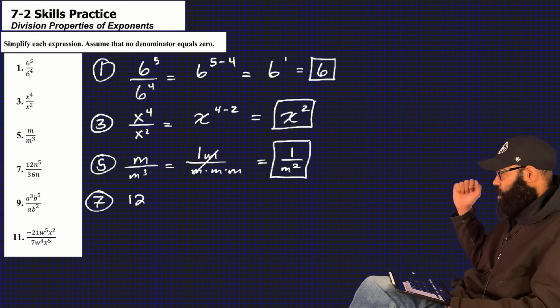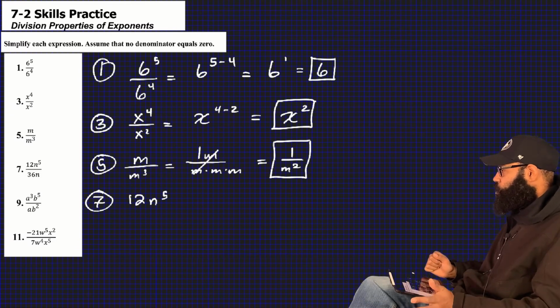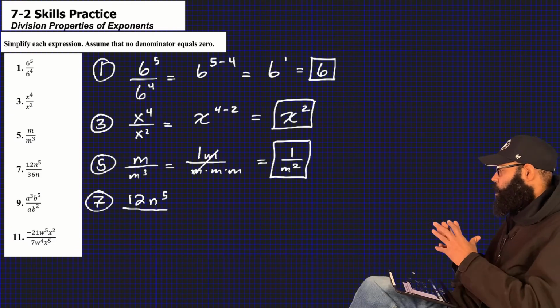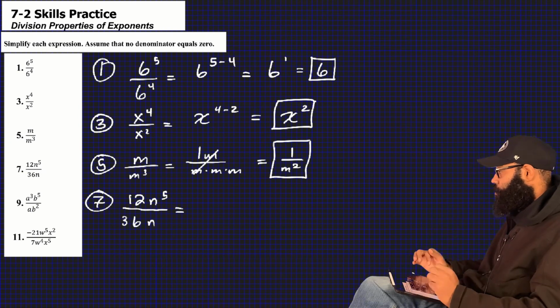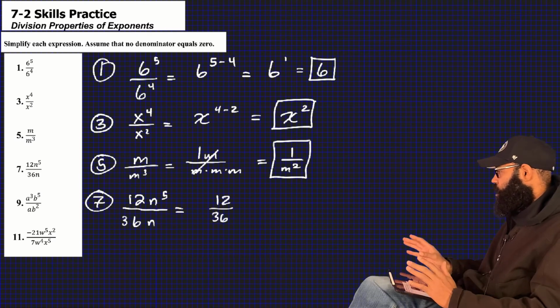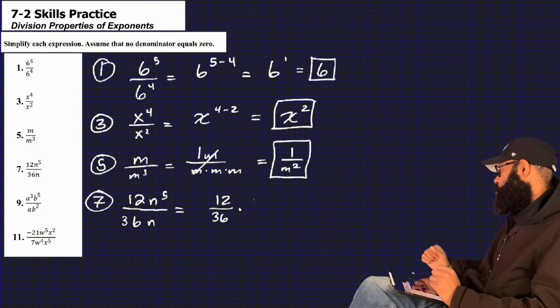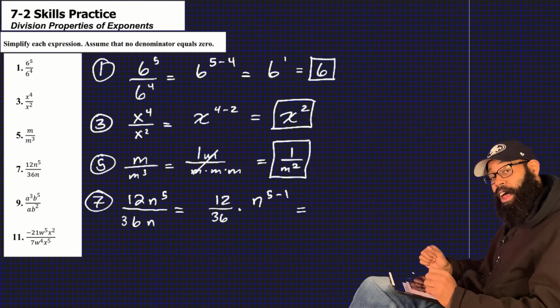Now for number 7, coefficients. So I literally have 12 n to the 5th over 36 n. And here I know how to divide 12 and 36, so I'm going to leave that there. But I still need to do the variables, n to the 5th, and then of course minus 1, because there's just 1 n on the bottom.